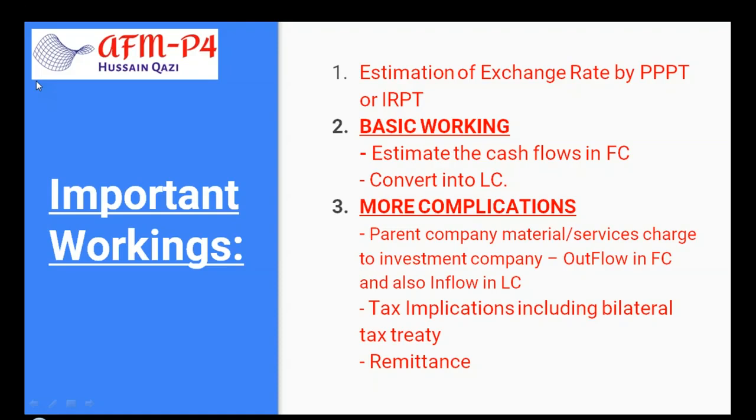But it is possible that the parent, the Australian company, supports some material and services to the UK company. So this is the complication whenever we work on the basis of foreign currency cash flow. We will have to incur local sterling cash flows, that is UK based cash flows, including the costs incurred by or arising from the parent.